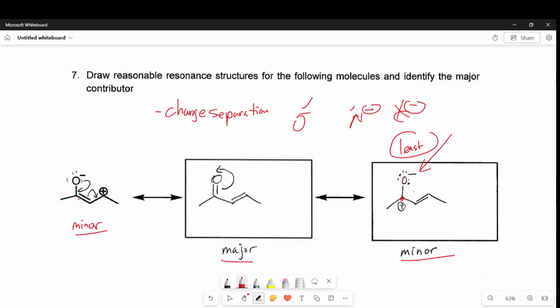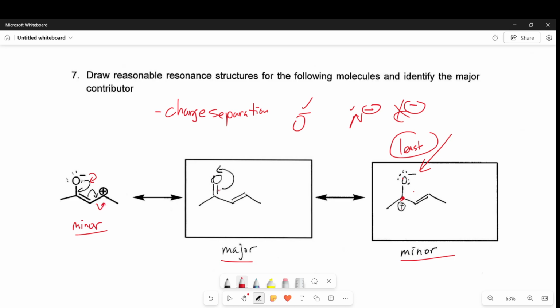But for this question, this is a minor contributor, this is a major contributor, and also remember to learn to appropriately push the electrons. For example, here the electron is pushed that way, and this is pushed that way.